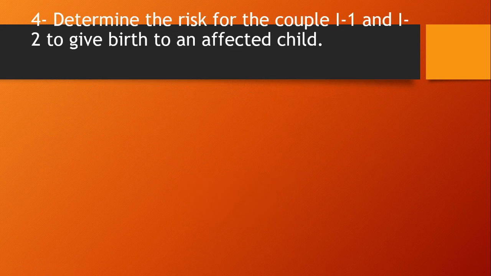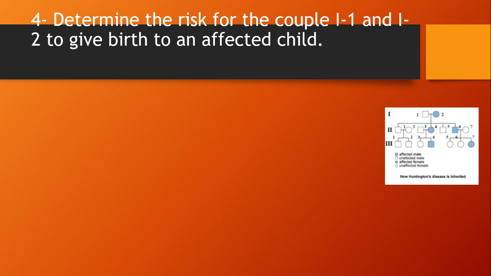The last question is to determine the risk for the couple 1 1 and 1 2 to give birth to an affected child. If you take a look at this couple, the genotypes for both of them are already known, and if the genotype is very well known, you can simply use the table of cross to prove the risk of this couple to have an affected child.